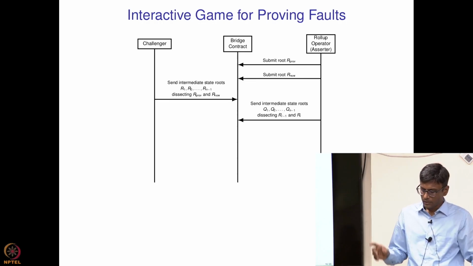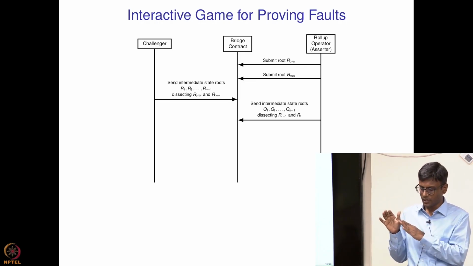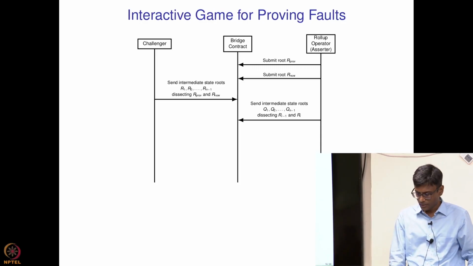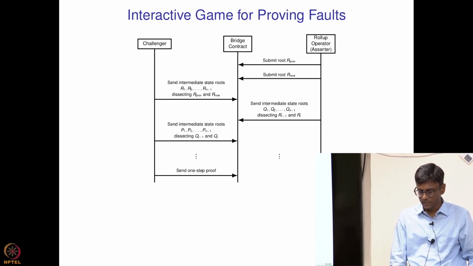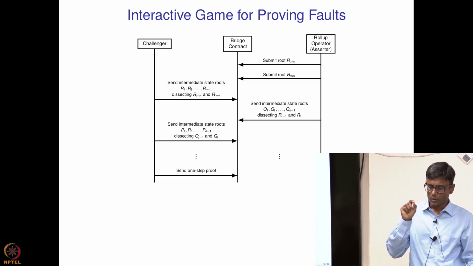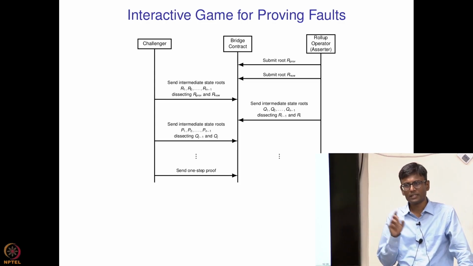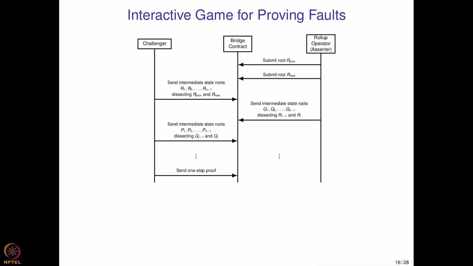And then the asserter finds the first state root where they both disagree, and then it will publish intermediate state roots between that. Then this keeps going, intermediate state roots again, and then finally there is a one step proof. Once the location of the first opcode where they differ is identified, then they will just send a one step proof.